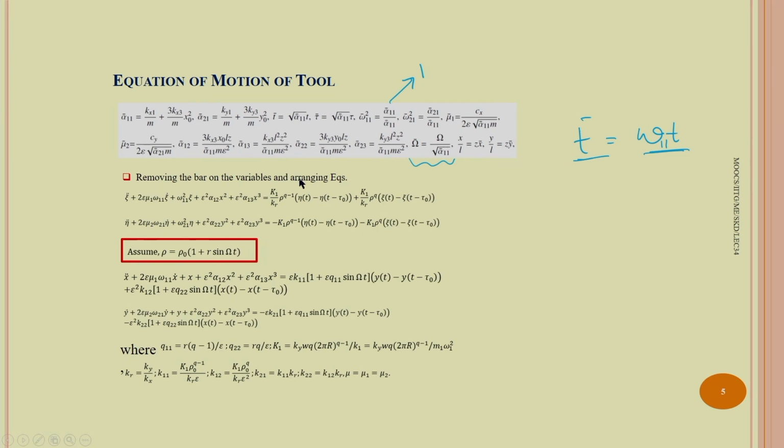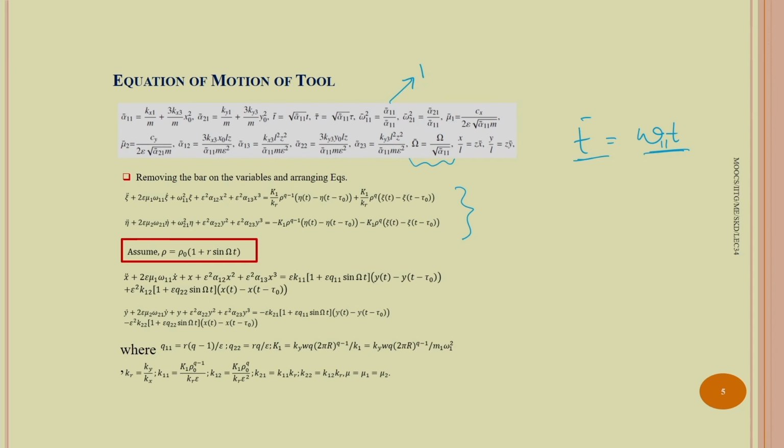Now removing the bar from this, the equations can be written in the bar form, so removing the bar we have these two equations: one in the zeta direction and the other in eta. Zeta is in the x direction and eta in the y direction.